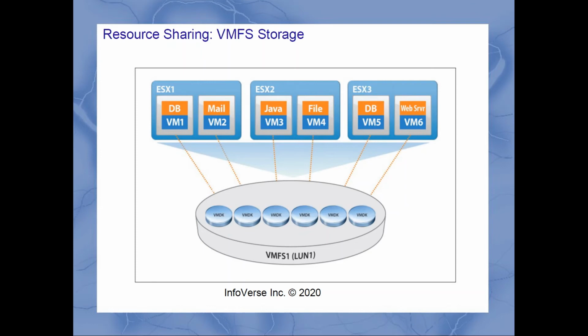And as we can see, we now have 6 virtual disks residing on that data store. This data store is shared among 3 ESXi hosts, and 6 VMs are running on these ESXi hosts. So VMFS allows all of this interaction to happen transparently. It manages access and finds where the data is located. All of this is done transparently to the application or anyone managing that infrastructure.